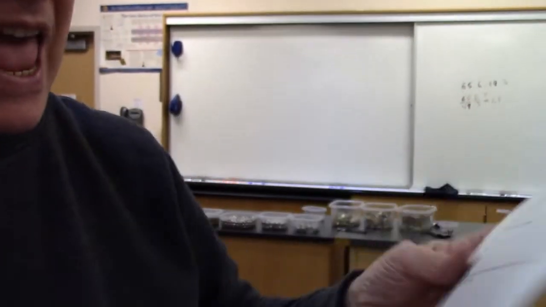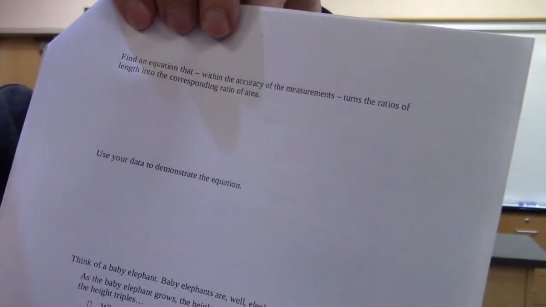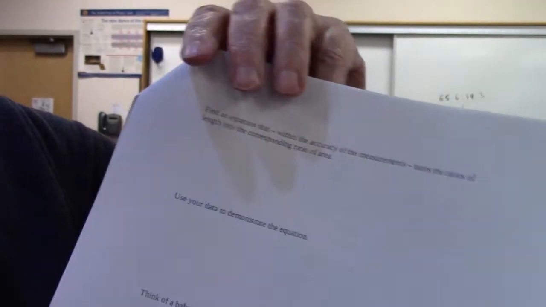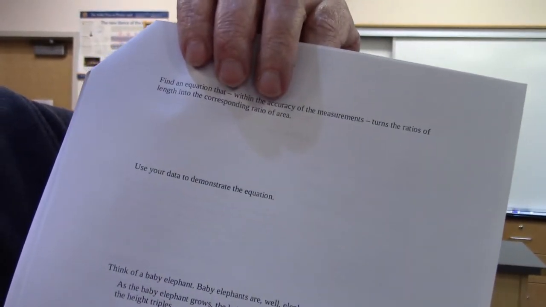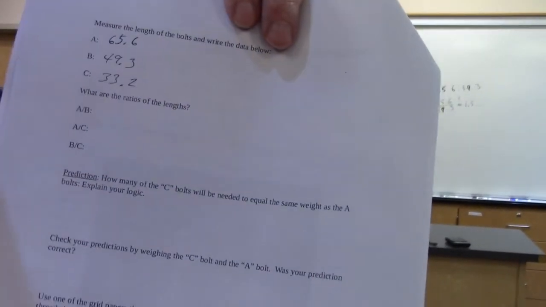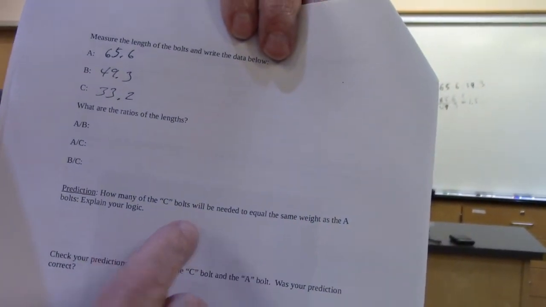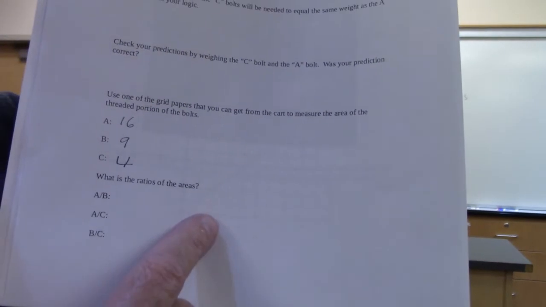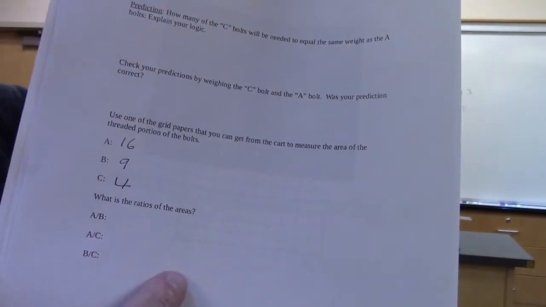Okay, so again, we'll take ratios, and then here's kind of a tricky part. Up here, it's asking for an equation that will turn the ratio of lengths to the ratio of areas. So basically, the data that you're going to come up with here, you want to turn those numbers into the numbers you get down here.